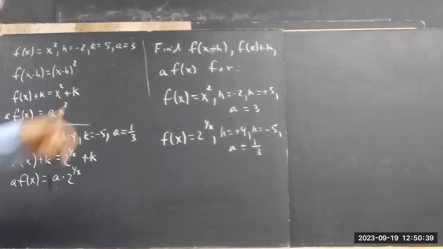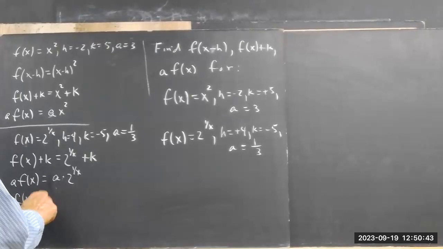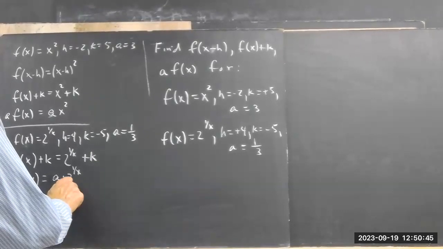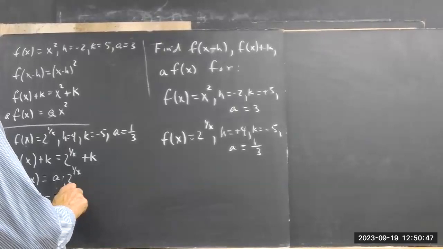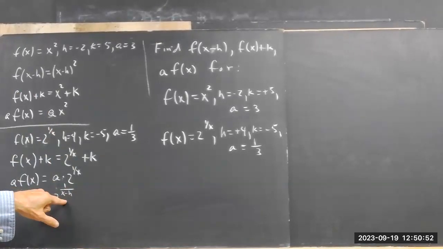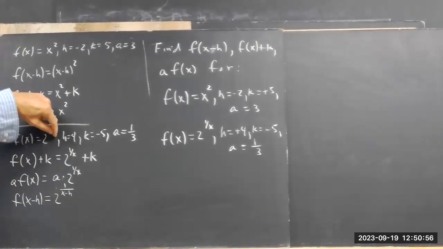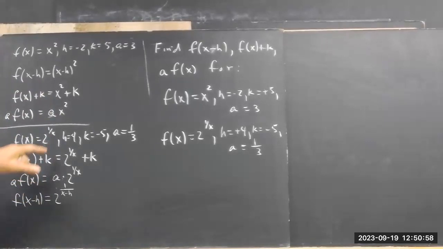And I never did f of x minus h. The x gets replaced by x minus h. And the x is a denominator with 1 in the numerator. So the x minus h is going to be the denominator with 1 in the numerator. So make sure you understand that.